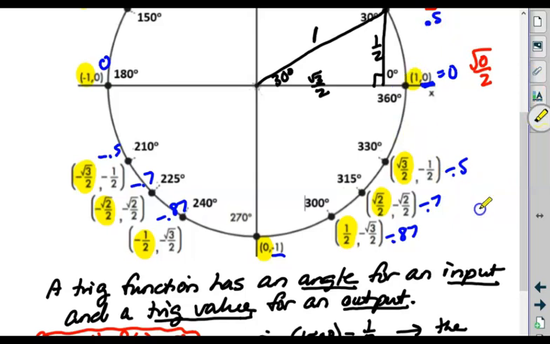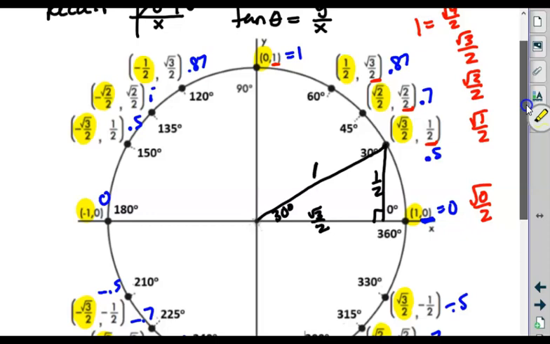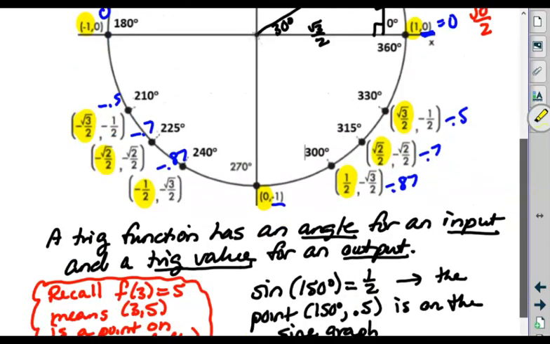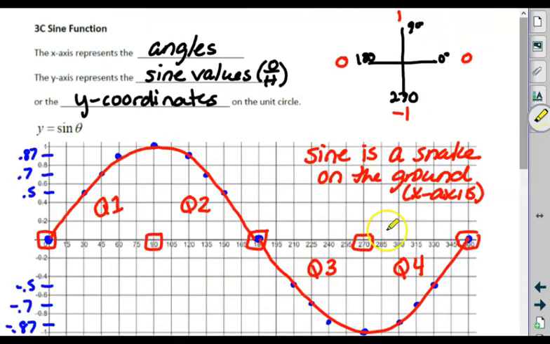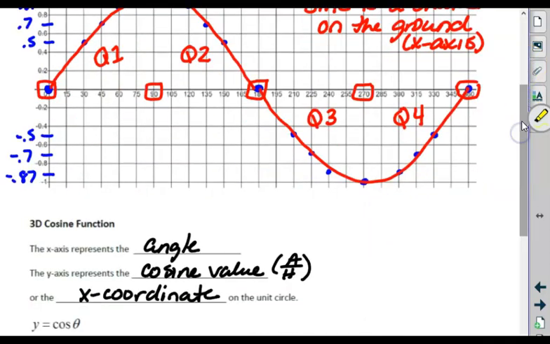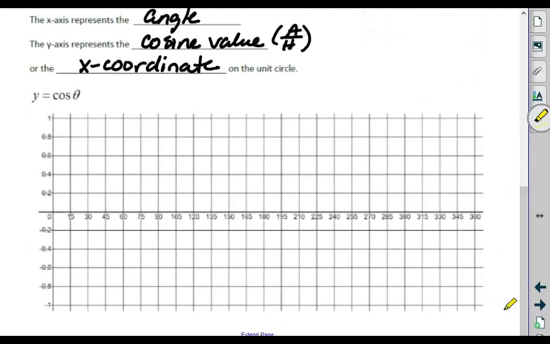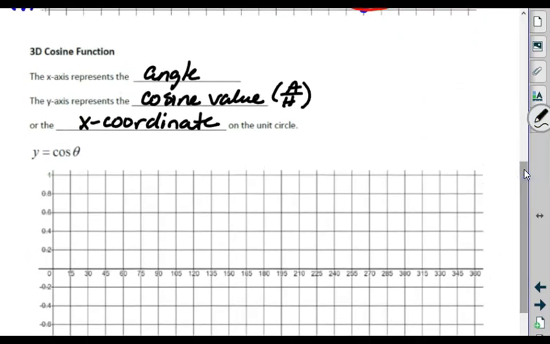So if I were to make a table of values for cosine, my table of values would look something like this. So you might want to keep your unit circle in front of you right now, as I look at my cosine graph here. Here's x and here's y. So I start out with, at 0 degrees, I'm at 1.